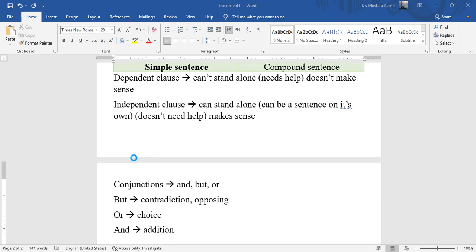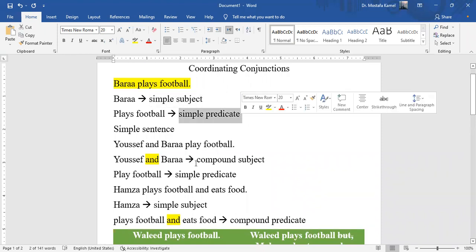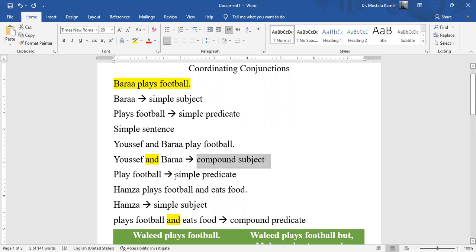So this is our lesson for today. It's an easy lesson, a nice one. I hope you understood it. Now, let's revise everything again. We have a simple subject and a simple predicate. In some other sentences, we have a compound subject and a simple predicate. How do we know it's a compound subject? We see that there is more than one subject.